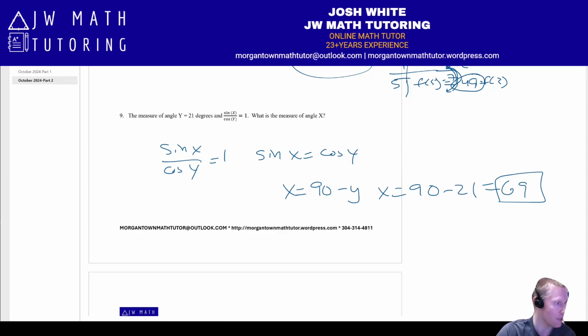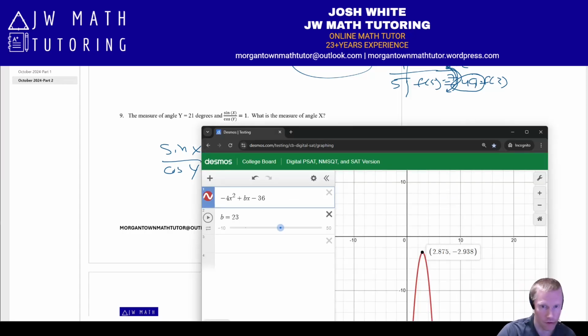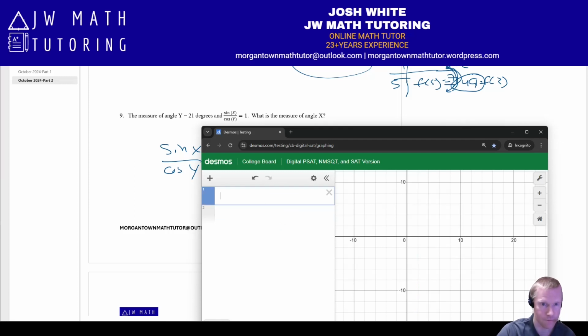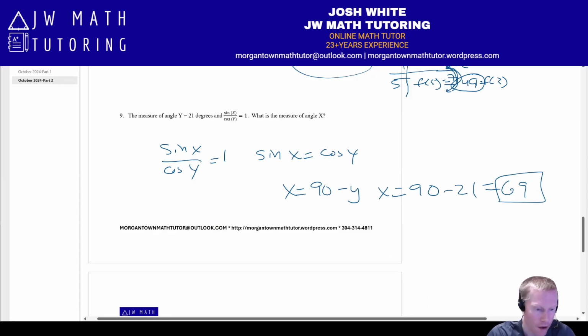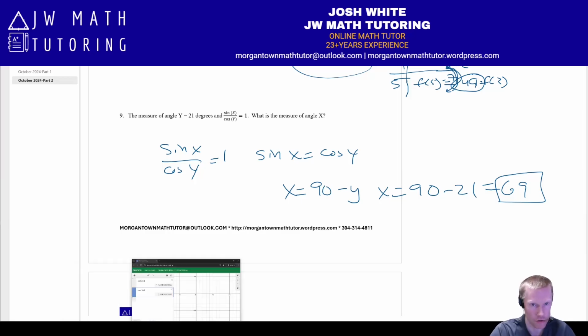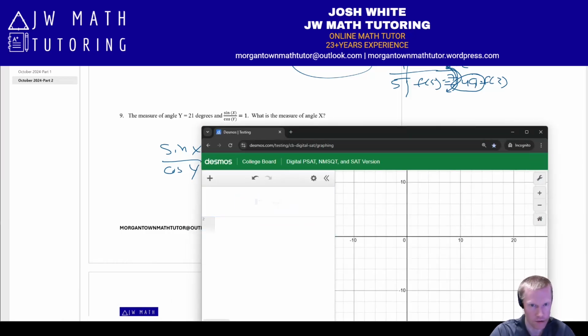So now, you could go to Desmos, and you could just confirm this. Right there, notice we have the exact same values for each of them, right? So that's one way to do this. I mean, obviously, there's an alternate way to do this as well.